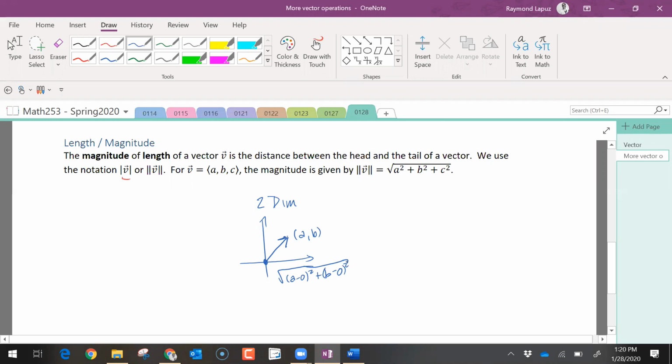So if this is your V, then the magnitude of V is equal to that. If you're in 3D, and your V is A, B, C, then I'm not going to rewrite it, but the magnitude is just the square root of A squared plus B squared plus C squared.